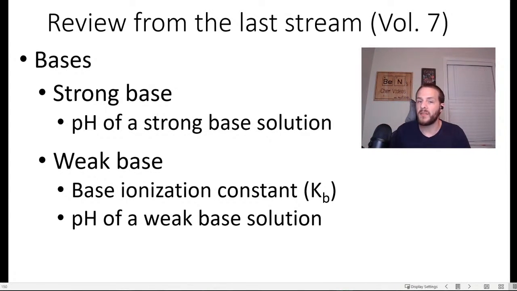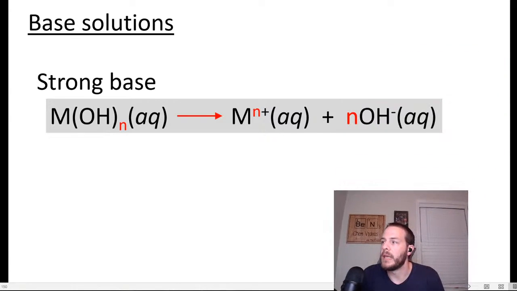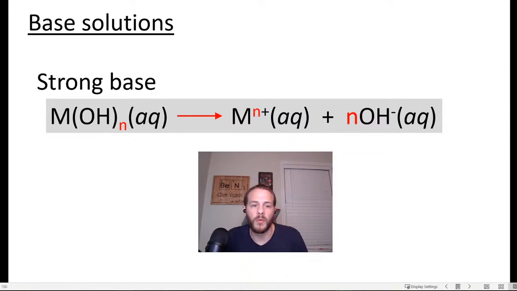And just as acids can be categorized into strong and weak, so too can bases be categorized into strong bases and weak bases. So we talked about strong bases, the general formula of a strong base behaving as a base in water is shown here, where you have a metal hydroxide, usually a group 1A or group 2A metal hydroxide, reacting to form the metal cation and the hydroxide ion. So the production of hydroxide ions is what defines this as a base.